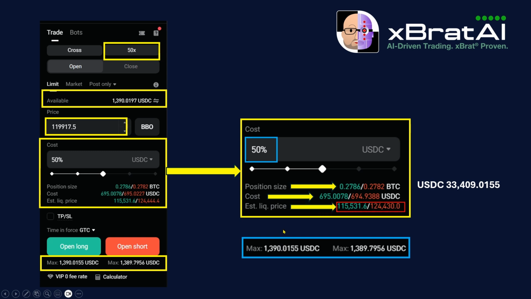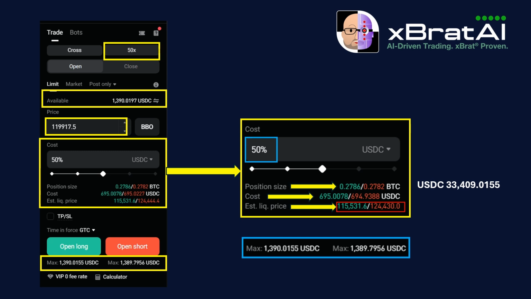The big differences here are with the liquidation price. So with the increase in leverage, we see the estimated liquidation price has changed considerably. For example, in the previous example, if you were going long on this position, and the liquidation price was 96,045, if it went against you and kept going down and you didn't have a stop, you would be liquidated at 96,045.